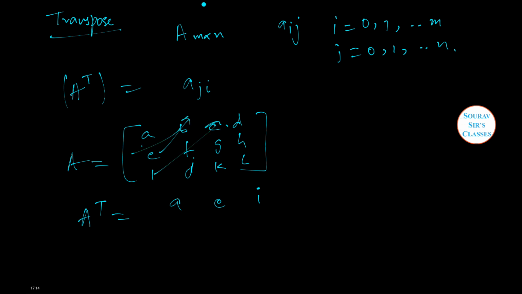These elements are going there and these elements are coming down. Next will be B, F, J, then C, G, K and D, H, L.